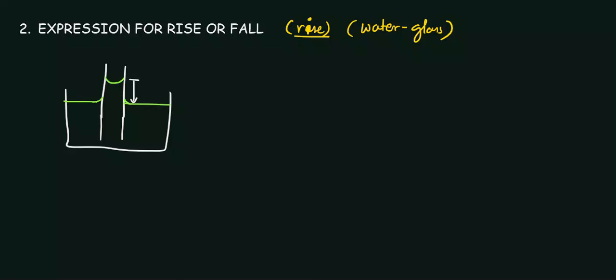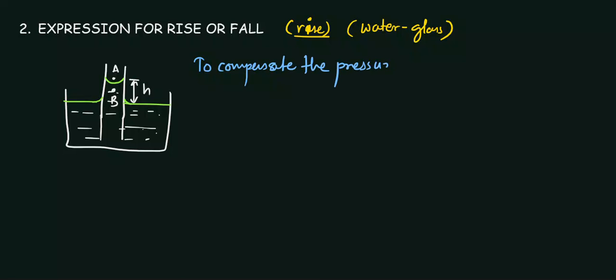So let's say this rise is equal to H. Whatever the rise in the level, let's call this H. And let's say this is point A, this is point B. So we know that to compensate the pressure difference, the rise or fall happens, isn't it?